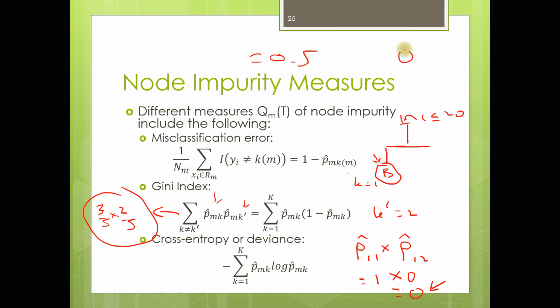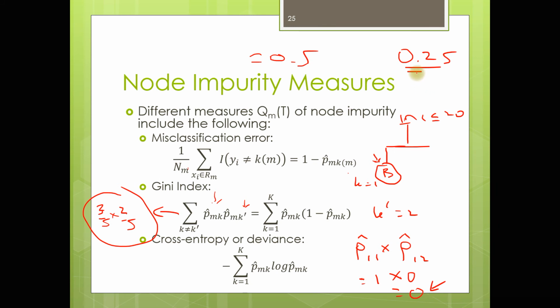The closer it is to 0, the more pure it is, or the closer it is to 1 as well, the purer the node is. The closer it is to 0.25, the more impure the node is, as you could have seen earlier, because such a state means that it is hard for us to classify a particular record.